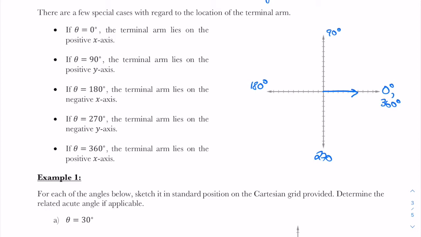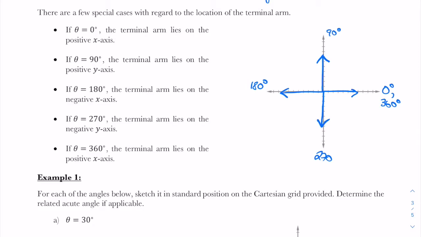If you have a principal angle of 90 degrees, then your terminal arm lies on the positive y-axis. If you have a principal angle of 180, then your terminal arm lies on the negative x-axis. Similarly, 270 degrees would result in your terminal arm lying on the negative y-axis.